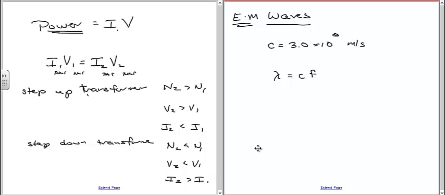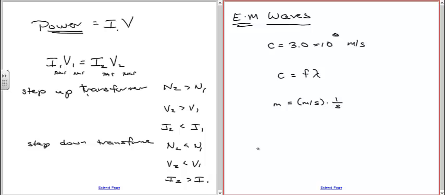I think that's it. Let's double check it unit-wise. Wavelength is meters. Speed is meters per second. And frequency is cycles per second. So apparently that's not correct. So let's fix it. How about speed is equal to frequency times wavelength?